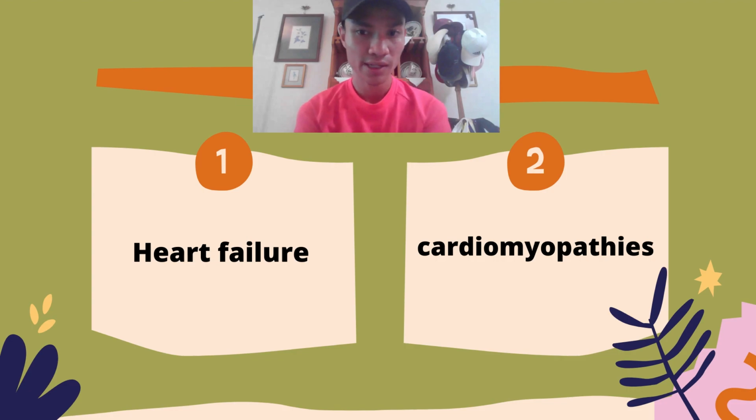The second one is cardiomyopathies. Cardiomyopathies refers to conditions that affect the myocardium, or heart muscle. Cardiomyopathies can make your heart stiffen, enlarge, or thicken and can cause scar tissue.